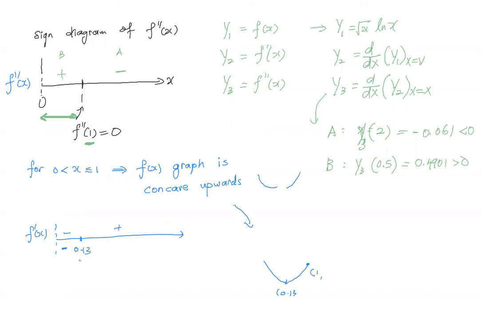So it turns like that. You see or not? So this is the inflection point. So this will be my y equal to f(x) graph. So you see, I have all this information, I can draw the graph.